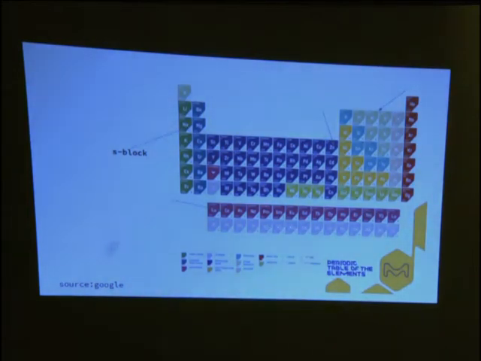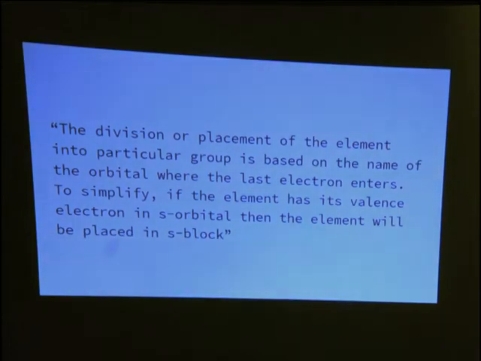Now, if we try to locate these elements in their respective blocks, we can see sodium located in the s block, nitrogen located in the p block, zinc located in the d block and cerium located in the f block. So, what you have to know here is that the placement of elements in their respective blocks is determined by the last shell, that is, to which subshell the last electron enters determines the block of that particular element.